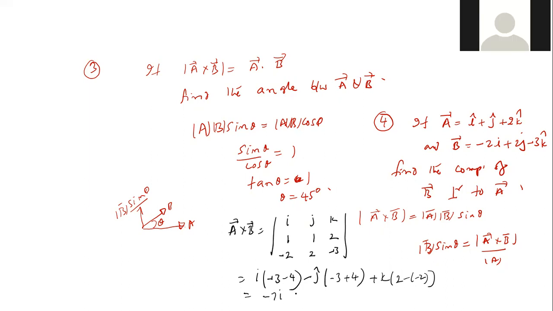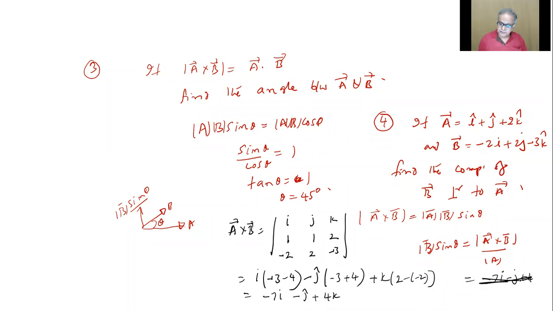Minus 7i minus j plus 4k. So that divided by mod of it. Calculate: 49 plus 1 plus 16 under root.